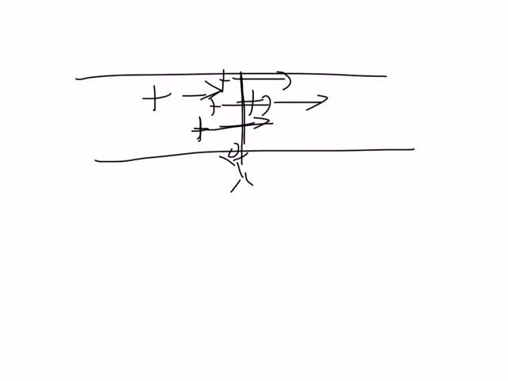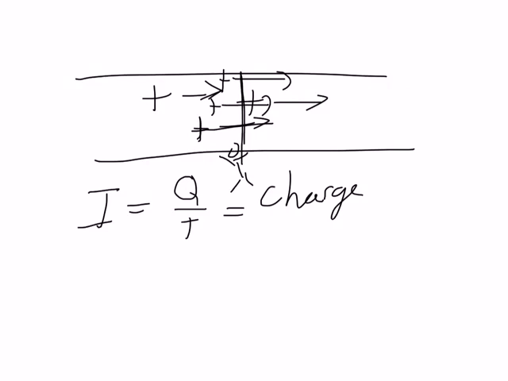The number of charges flowing past a point in a second. So current is Q per T, charge per time. So it's a measure of just how much charge is flowing down the wire.